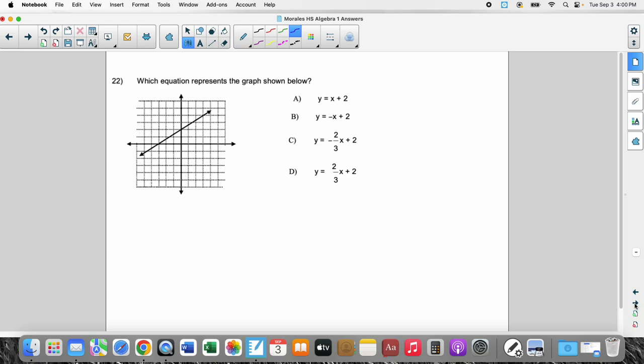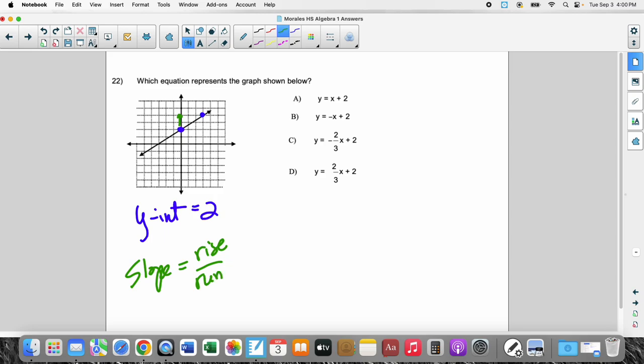Which equation represents the graph shown below? We again are dealing with linear equations. So I could either pull out the slope and the y-intercept for each of these and see which one it does, or I can go here and see that my y-intercept equals 2, and then let's also find the slope. Remember, slope equals rise over run.